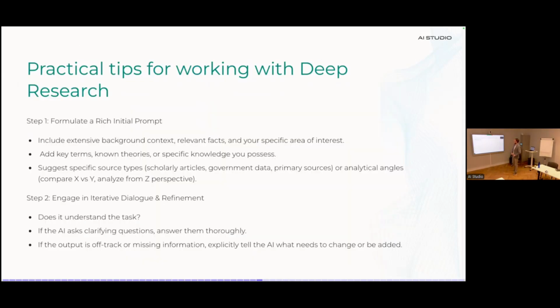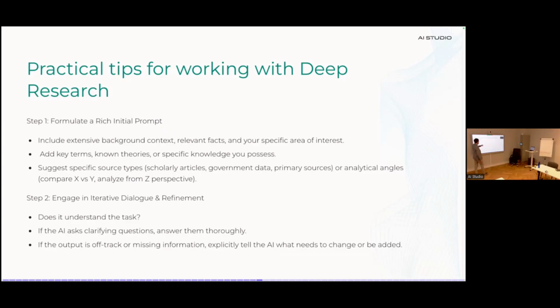And about deep research and practical steps, how to get the best from deep research. It was shared by Andrej Karpathy, whom I follow on Twitter. He's an AI expert and researcher. You have to formulate a rich initial prompt, include extensive background context, relevant facts, and a specific area of interest.